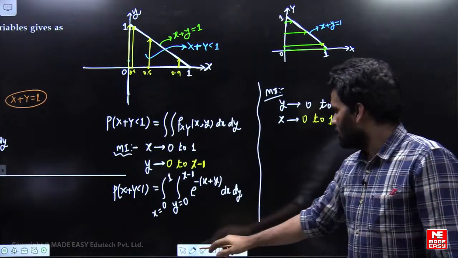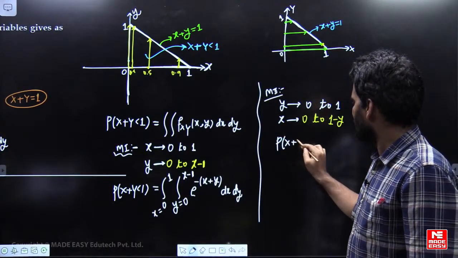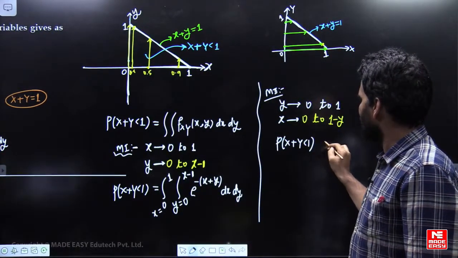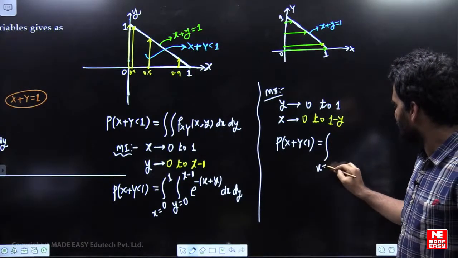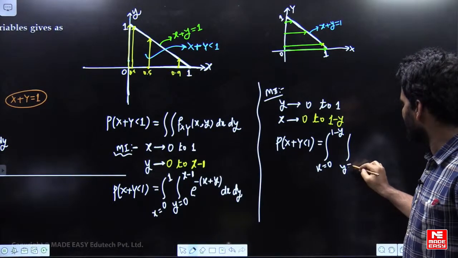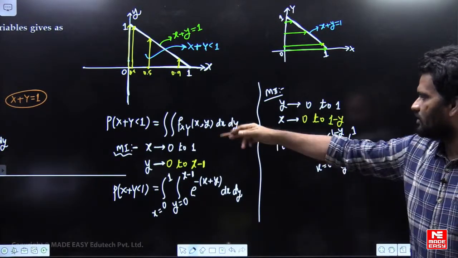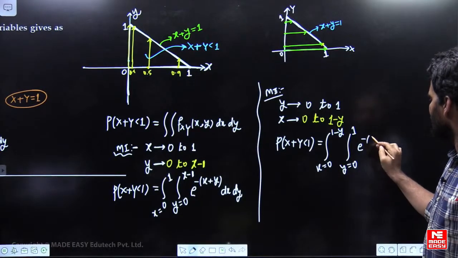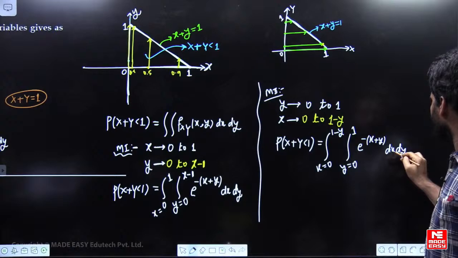So you can write like this, the probability of x plus y less than 1. So x is 0 to 1 minus y and y is 0 to 1. This is f_XY of x comma y, which is e power minus (x plus y) dx dy.